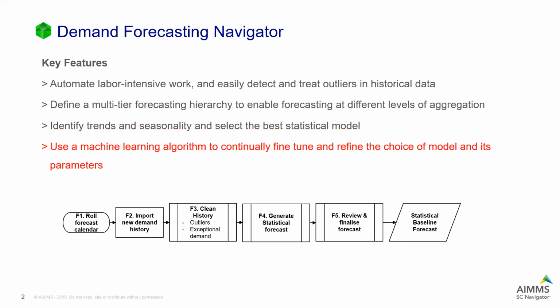And then finishing it all off, once we've selected that statistical model, as we go through each forecasting cycle, so we roll into another forecast period, we wanted to incorporate a learning algorithm that could continually, based on the actuals that have come in, fine tune and refine both the choice of statistical model being used, but also the parameters associated with that model.